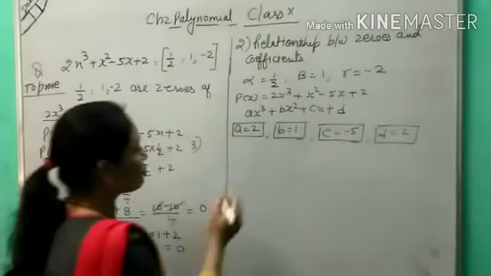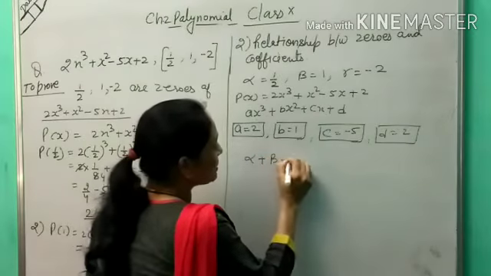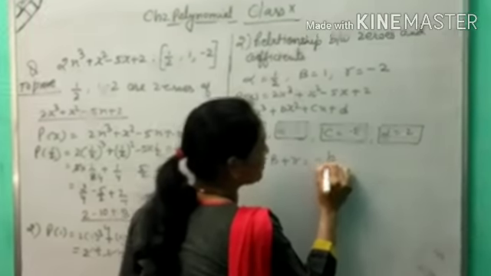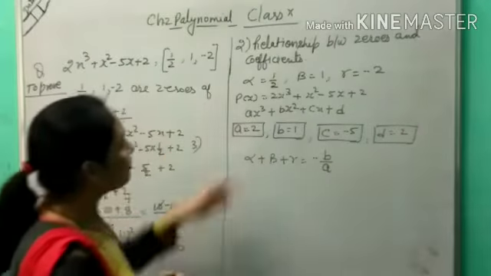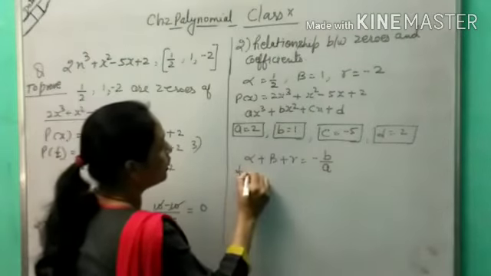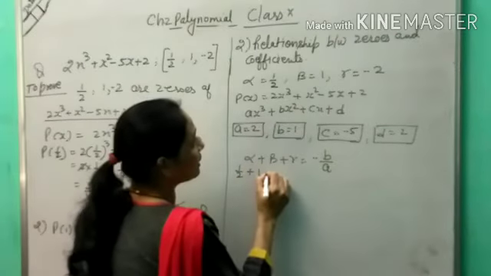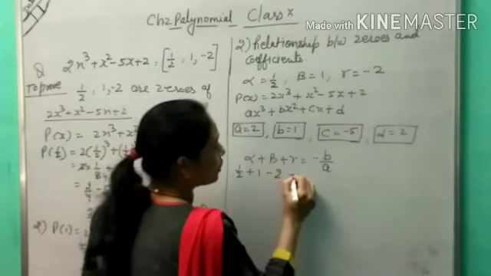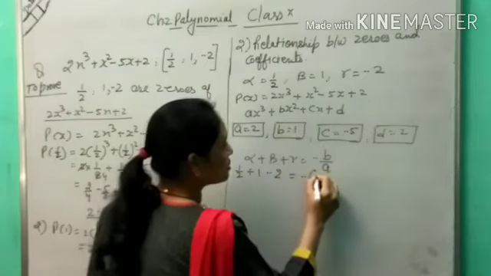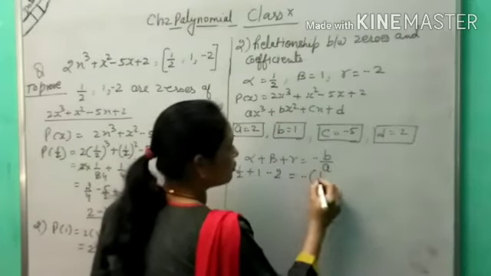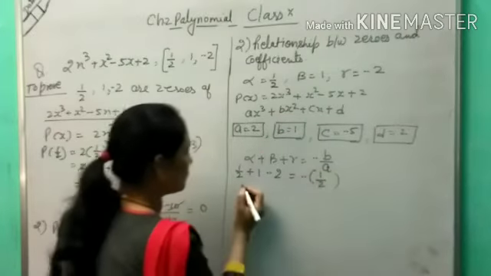So what is the relationship we have? Alpha plus beta plus gamma is equal to minus b upon a. Alpha we have 1 upon 2, beta we have 1, and gamma we have minus 2, is equal to minus b, that is minus 1 upon 2.